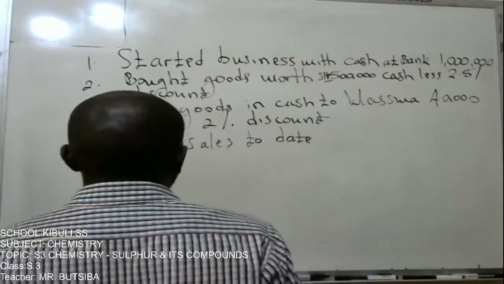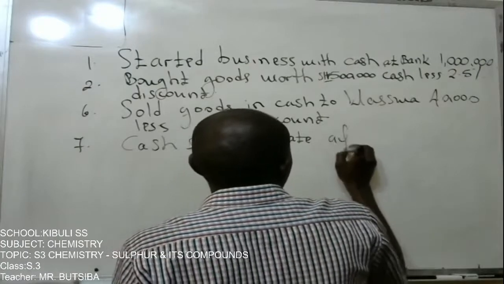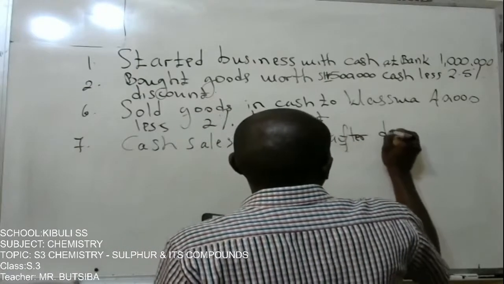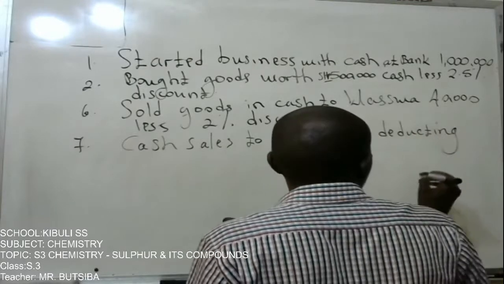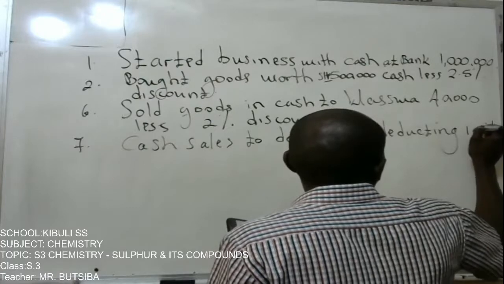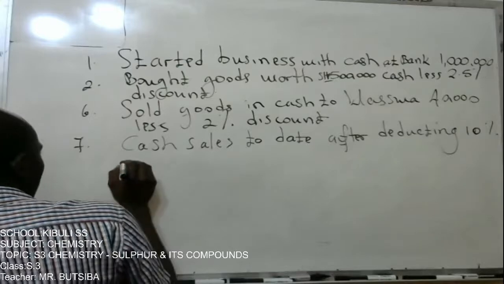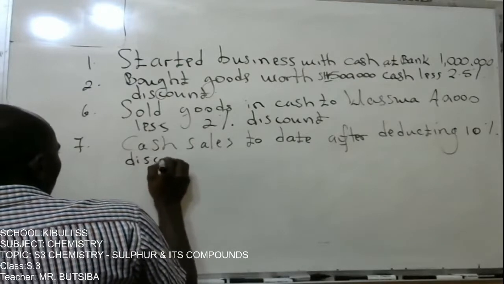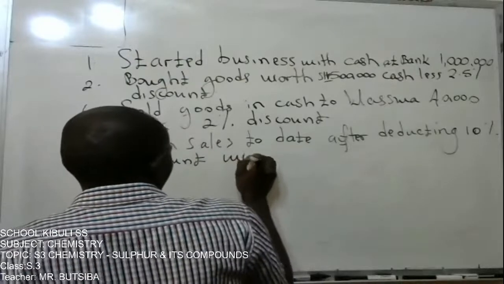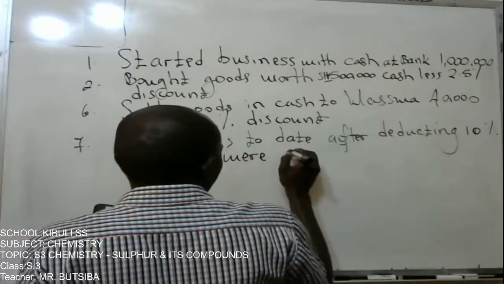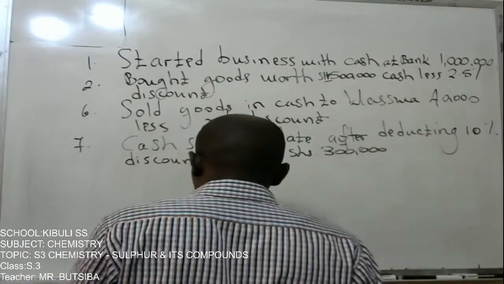This should not confuse you, it is simply cash sales. Cash sales to date after deducting 10% discount, shillings 300,000.